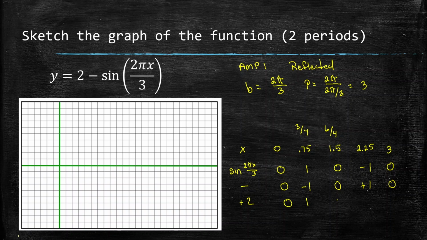So we'll fix that. So this is 2, 1, 2, 3, and then 0 plus 2 is 2 again. So these are my key points. So basically, I've shifted everything up like I normally would, but I've shifted it up 2 spots.